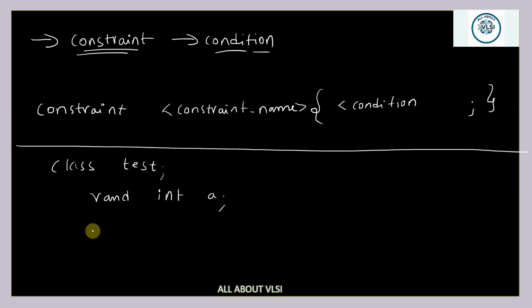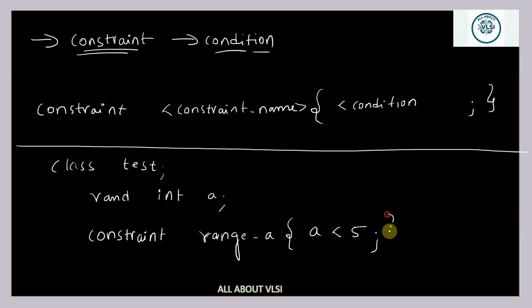Now the condition I want to include is a constraint, and the name of this constraint which I'm going to give is range_a. Within the curly braces, what I want is that the value of a should be less than 5. Whatever random values are generated, they should be less than 5.